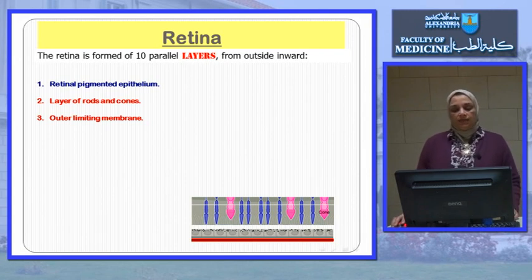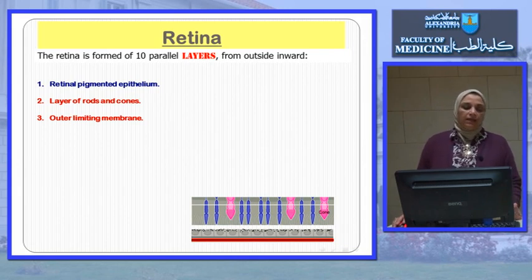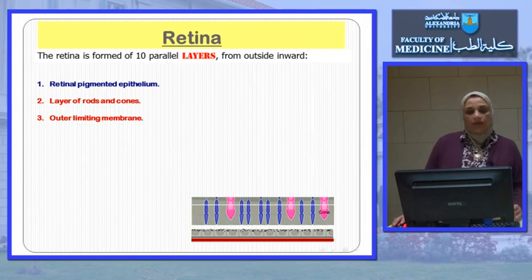Because this membrane is seen by electron microscope due to junctional complexes between the Muller cells and the rods and cones, forming a dark line on EM. So we identify this line as a layer called the outer limiting membrane. Actually, what's the outer limiting membrane? It's the junctional complex between the Muller cells and the rods and cones.